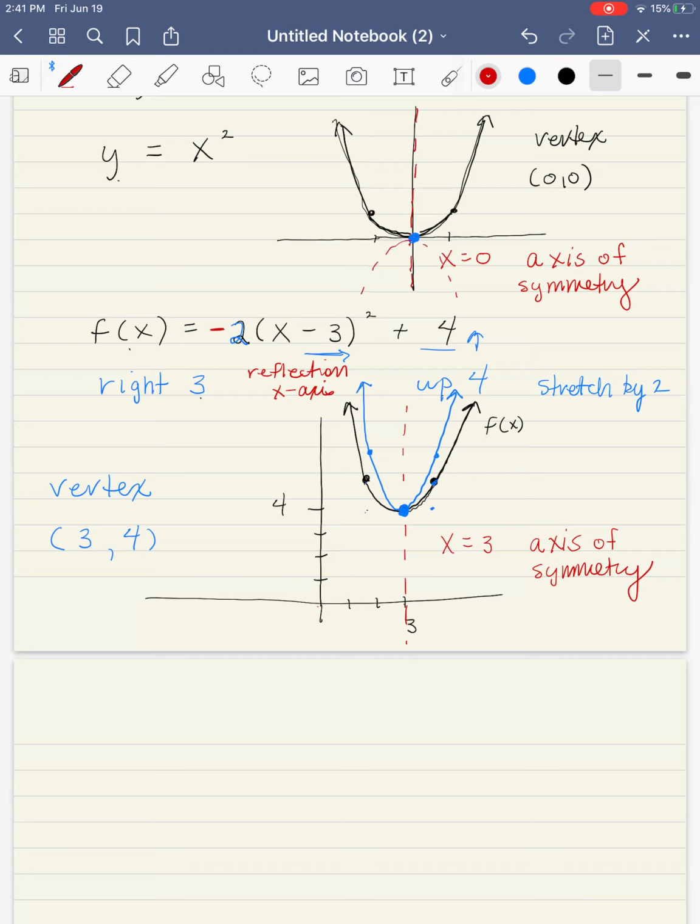So if I had done that reflection before I did my transformation, if I had reflected it downward, then shifted it right 3 units, then shifted it up 4 units, then did my stretch by 2, I'm going to end up with a parabola that looks like this, going downwards, and that needs to be where my vertex is.